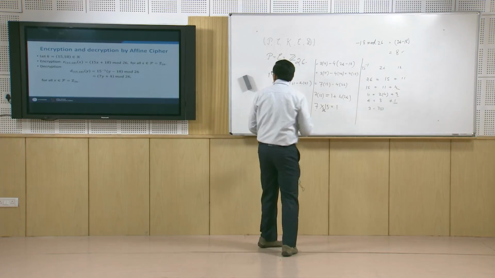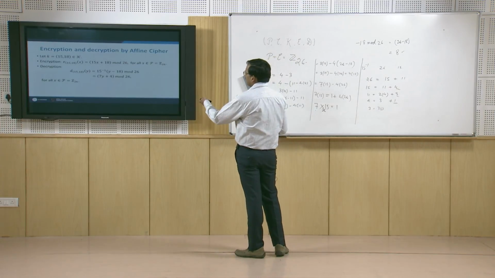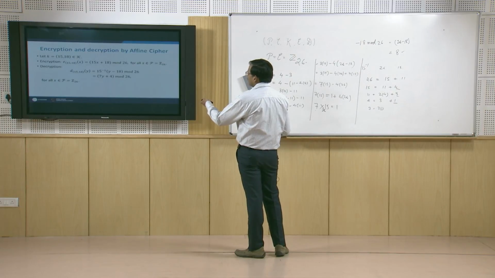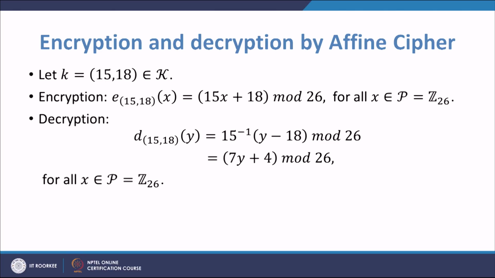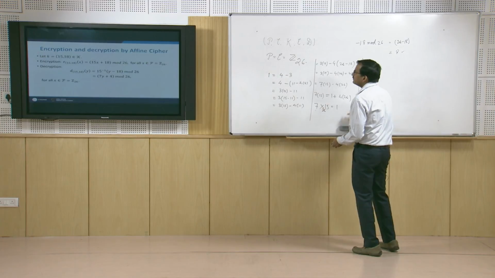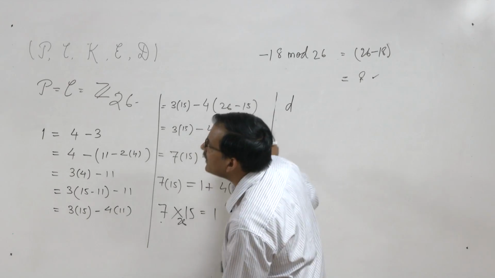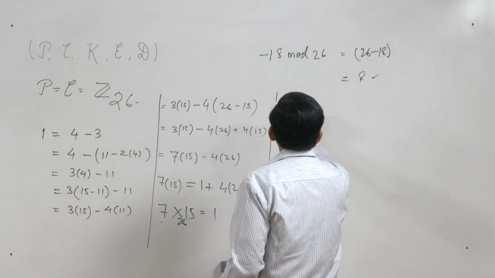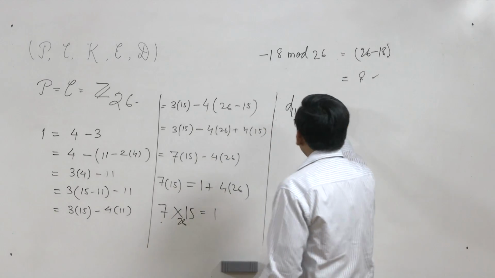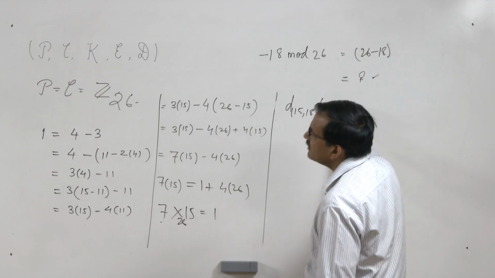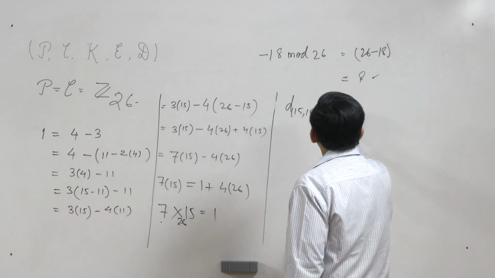So, if we now look at this line, it explains. I first replace 15 inverse by 7 and minus 18 by 8. So, let us see. I have a scenario like this. I have d of (15, 12), (15, 18), y.